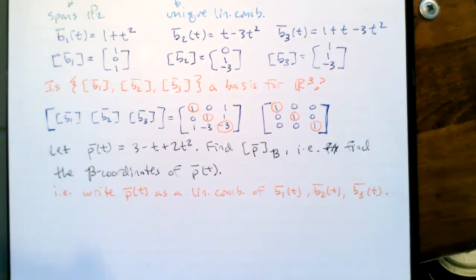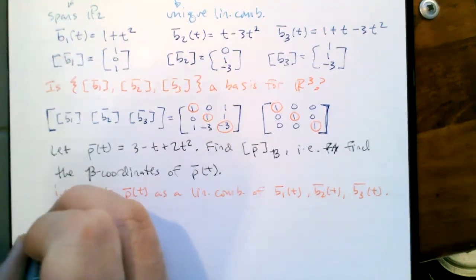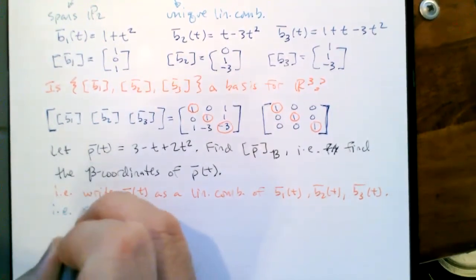What we're going to do is write coordinates. Actually, let me write down one more way that we're looking at this. The other way we could think of this is we are solving this polynomial equation.